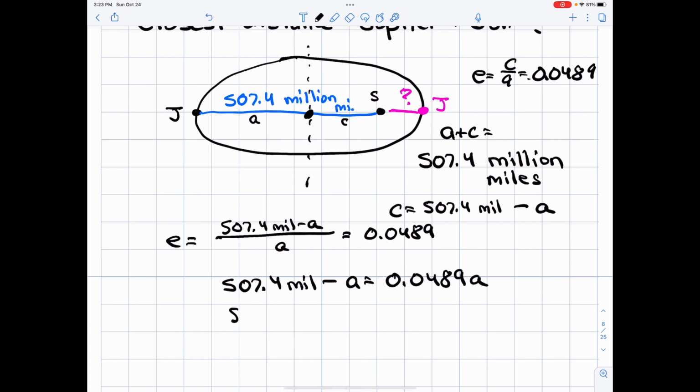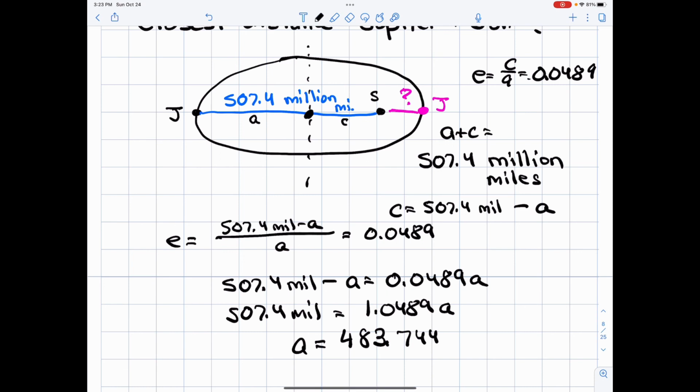Add A to both sides, 507.4 mil equals 1.0489A. Finish solving for A by dividing both sides by 1.0489, and you get 483.74485756 million.